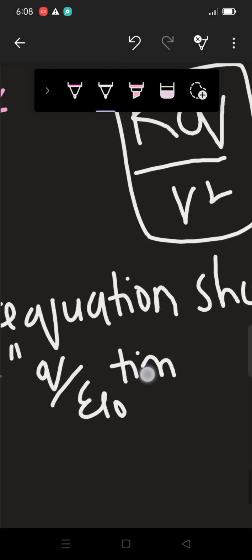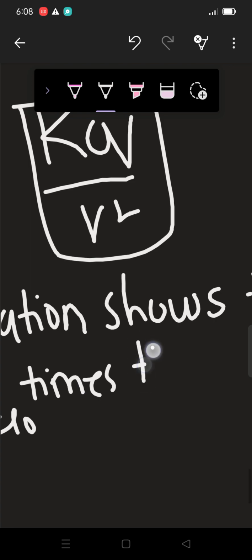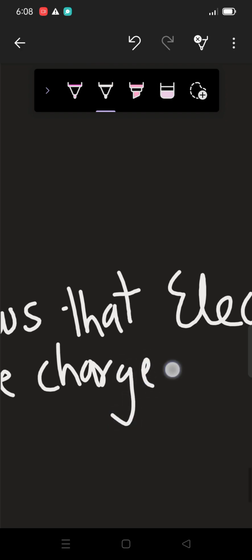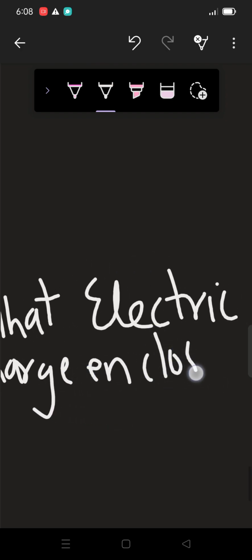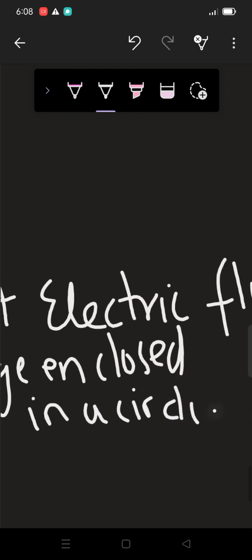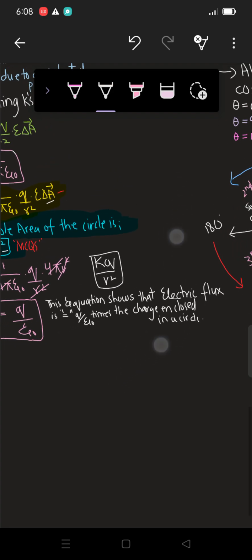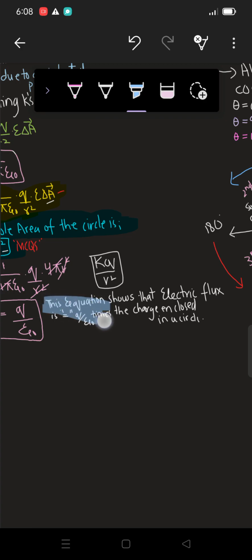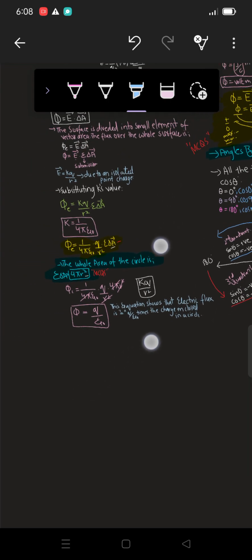The final equation shows that electric flux is the ratio of the charge enclosed to epsilon naught, the permittivity of free space, which means phi equals Q over epsilon naught. So this was all for today.